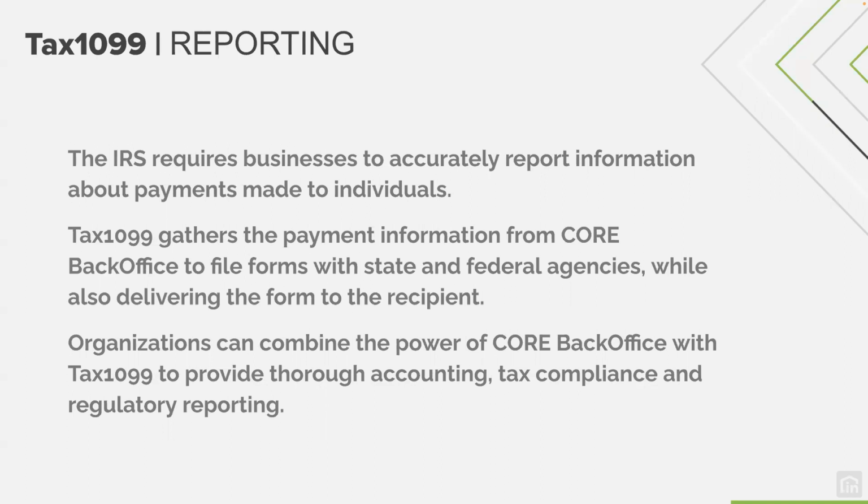Core back office pushes it over to Tax 1099, and then from there we can provide you with the tax compliance and regulatory reporting that's necessary to do that last mile of delivery for the IRS, for state agencies as well, and for your recipients, whether that's through a PDF that gets sent back over to core back office, or through the old-fashioned U.S. Postal Service mail form that we can send out for you as well. So Karina, I'm going to stop there, and I think you've got some FAQs that are going to come up next for how we work through this process.